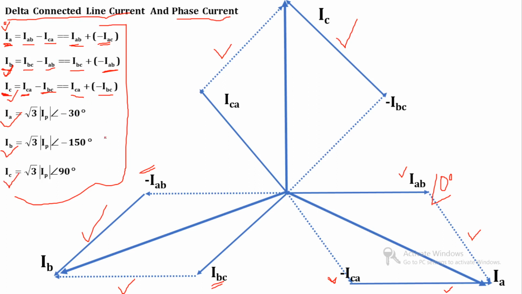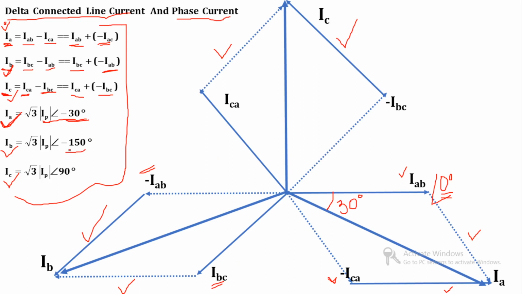These are all angles with respect to the 0 degree reference. So let's verify that angle. This is the line current IA and it is at an angle of minus 30 degree with respect to the reference. You can see that with respect to 0 degree this angle is minus 30 degree, or we can say it is lagging at an angle of 30 degree.